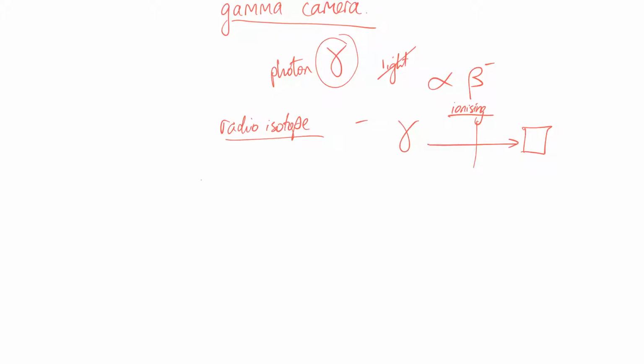Isotopes have to have a short half-life. An example is technetium-99 metastable, which has a half-life of about 6.1 hours.